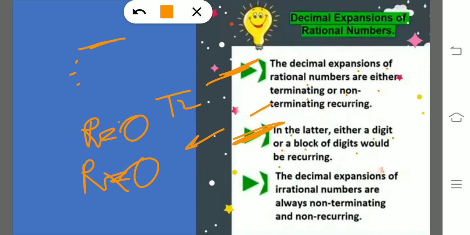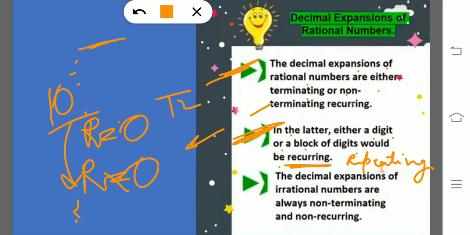Recurring means repeating. If this digit is repeating again and again, then it is a recurring digit.